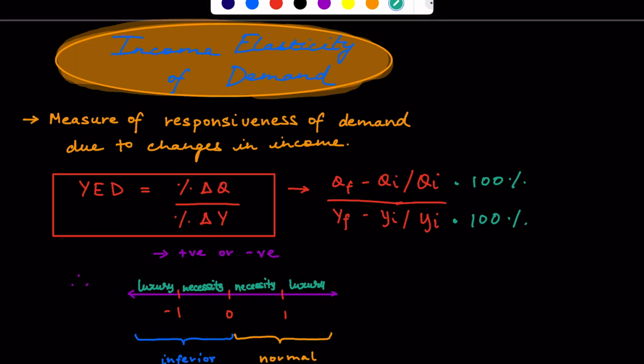So, to go over this, I have a number line, and it essentially describes which good, if you have an income elasticity which is positive versus one that is negative, would be normal and which would be inferior. In a previous video, I think I might have gone over normal and inferior goods, but just to sum it up in brief, a normal good is any good where if a consumer's income increases, their quantity demanded will increase as well.